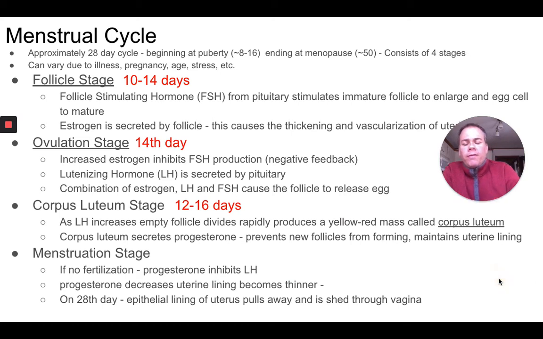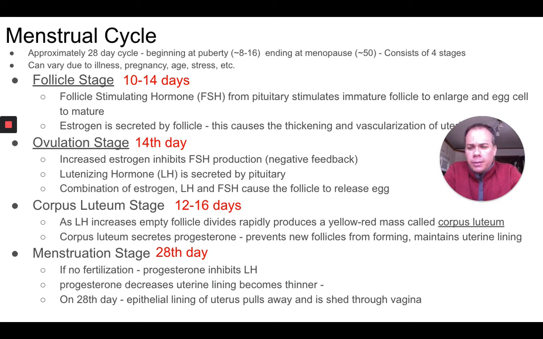Finally, if an egg cell is not fertilized and does not implant, we reach the menstruation stage, about the 28th day or so. So again, this is only if a fertilized egg cell is not present.